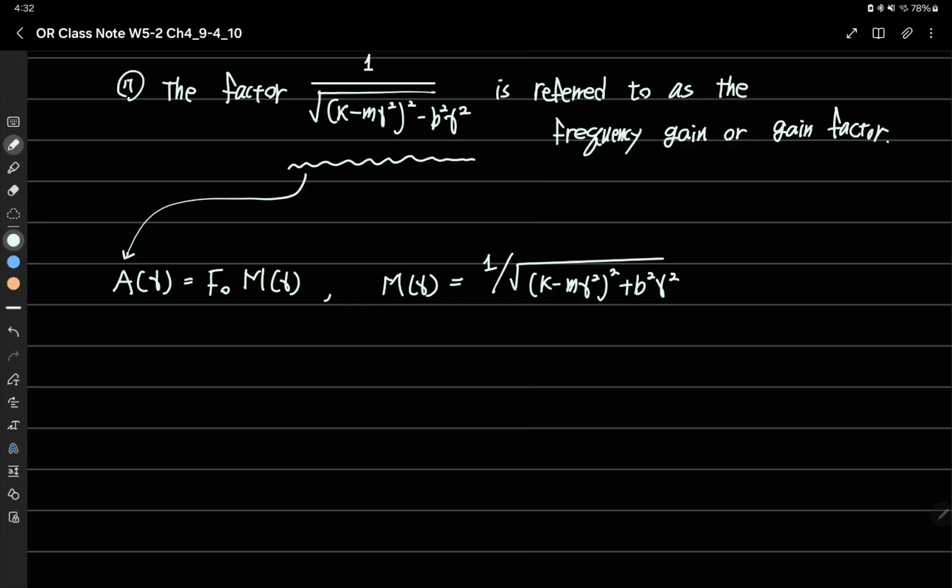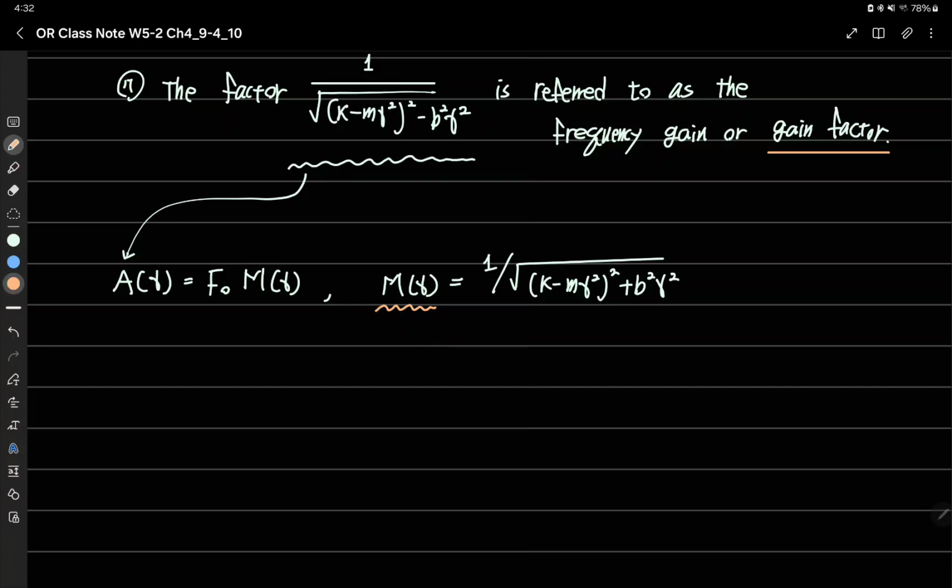Now this M of gamma is called the gain factor, right? For the various values of gamma, we can plot the graph of M of gamma.